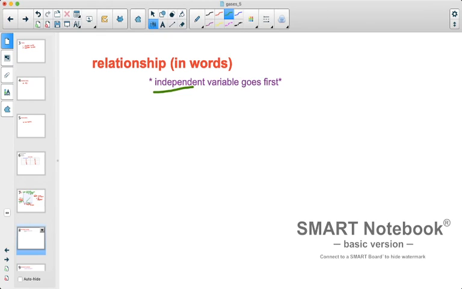So when we look at our last graph or our pretend experiment, we're going to describe the independent variable first.